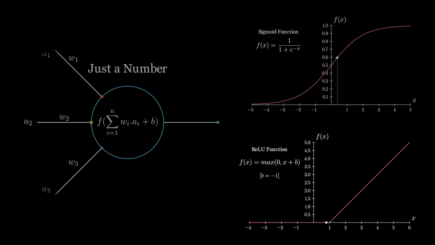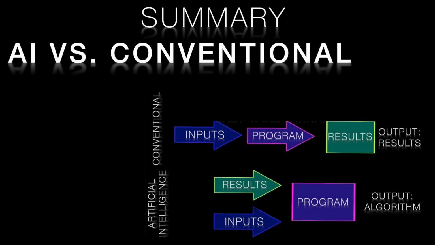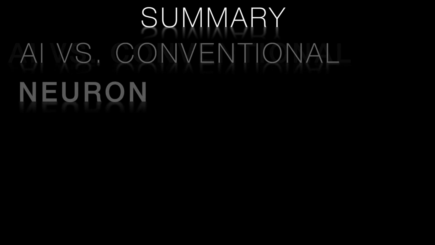So to summarize, in conventional programming, we write some rules to transform input data into results. In AI, we take inputs along with corresponding results and get the computer to produce a mapping between the two. If we're successful, this mapping will be able to generalize, meaning it will give correct responses to information it has not already seen.